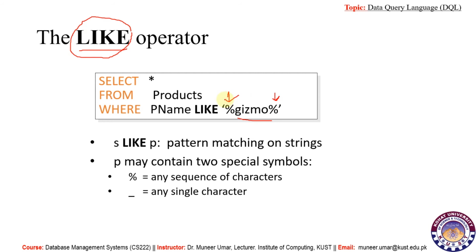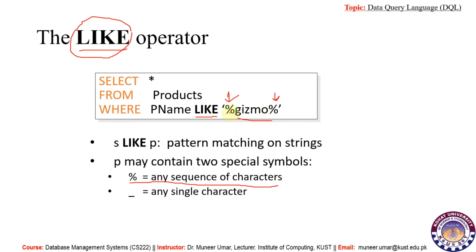So for that purpose I cannot use equal sign. I must use % here, and with % I must use like operator. % represents 0 character or 1 character or many characters. So in this case gizmo, the result may have a gizmo followed by 1 character, no character, or multiple characters.